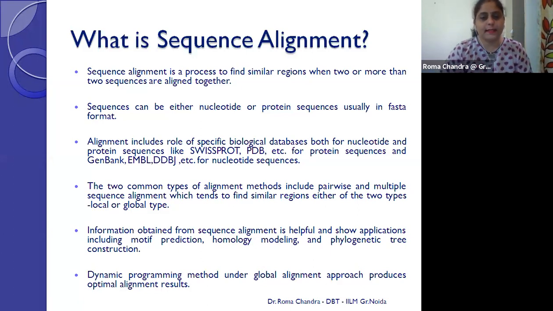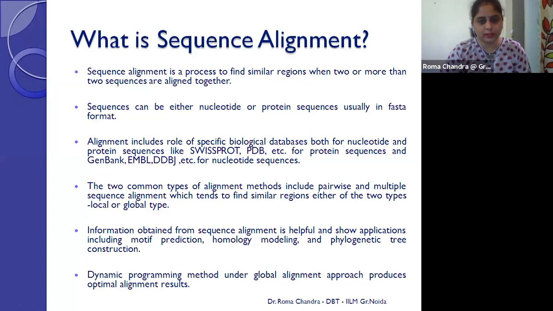The next thing is what kind of sequences we'll be talking about. There will be two kinds of sequences. The first is nucleotide sequences, and the second is protein sequences. We have already gone through various sequence databases for both.